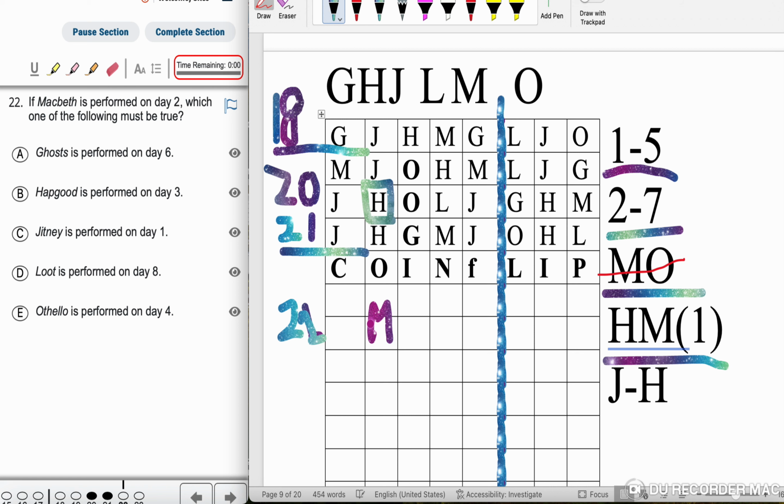We already know that if M is in that position, we have to have J before H, and then we're going to have H before M. So let's make sure that we have J here in this position. J is going to have to be automatically in 5th. And since J is in 5th, M is going to automatically be in this position right here. And that goes for all the worlds.